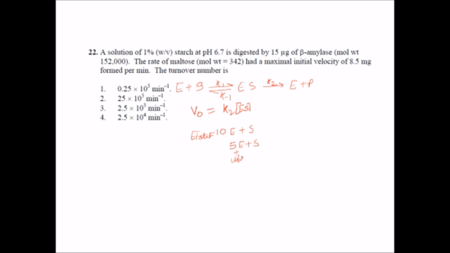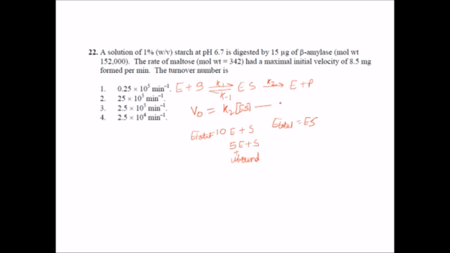But when the whole enzyme is completely bound with the substrate, then E total will be equal to E plus ES complex. So we can replace this with E total, and when E is completely saturated with S, the V naught, the velocity of formation of product, will be maximum.